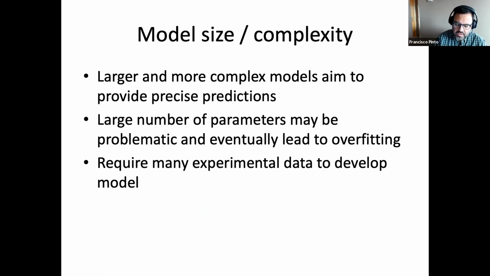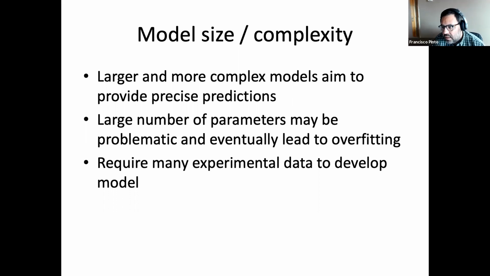So sometimes we have to decide if we want to approach a biological system by making a more simplified version that we know is not going to be accurate. It's not going to make very precise predictions, but the qualitative behavior of the system is going to be similar to the real system.